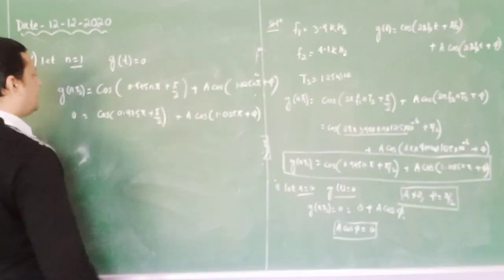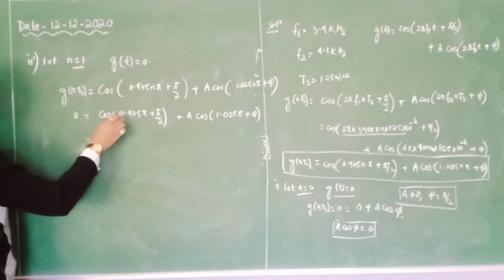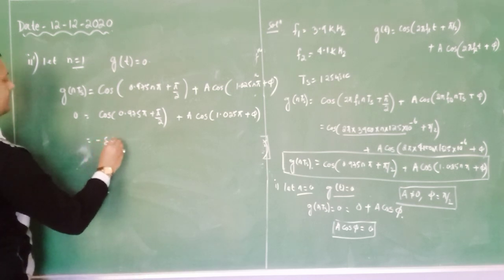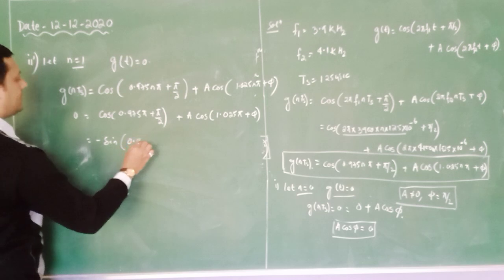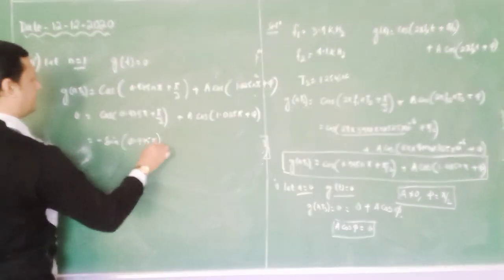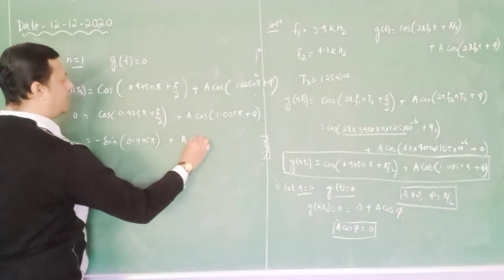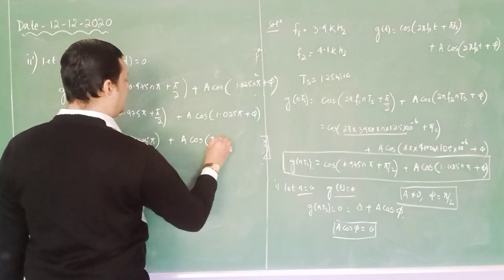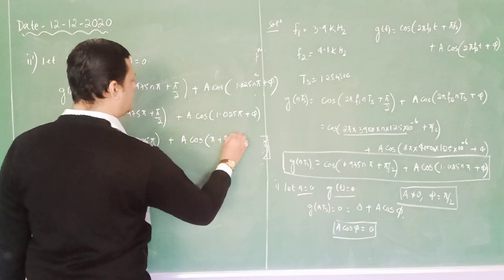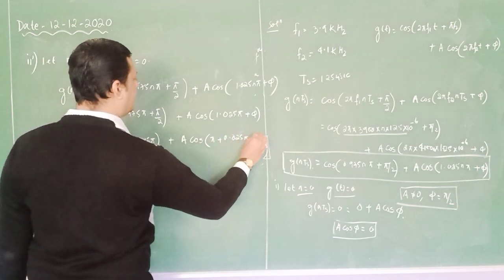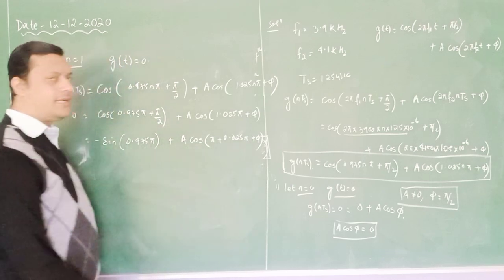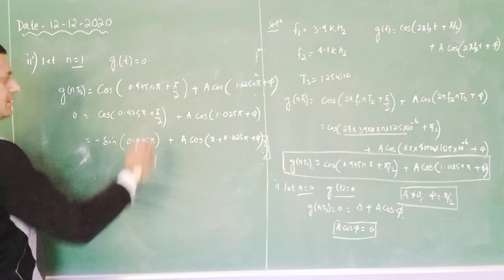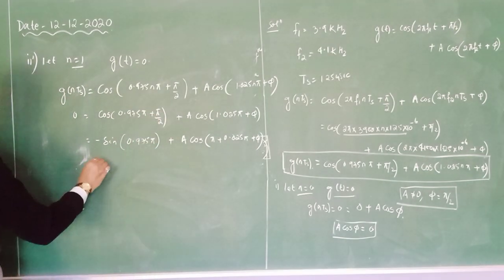Yes. Now cos of this is nothing but minus sine. So minus sine of 0.975 pi plus A cos, how much can I write? Pi plus 0.025 pi plus 5, like this I can write. I have separated the pi value and the 0.025 value. Why have I separated? That also has a certain reason.